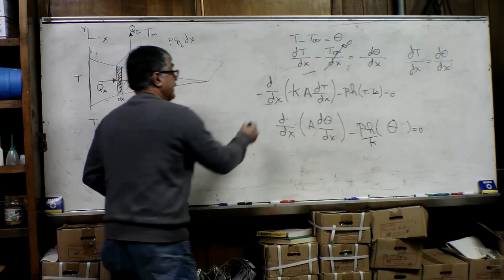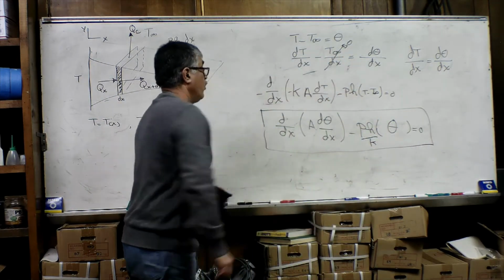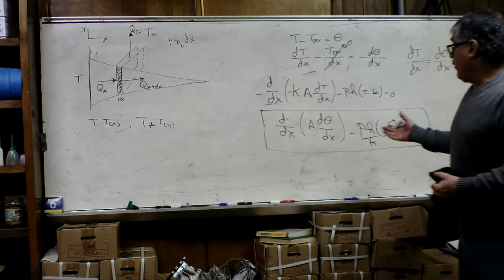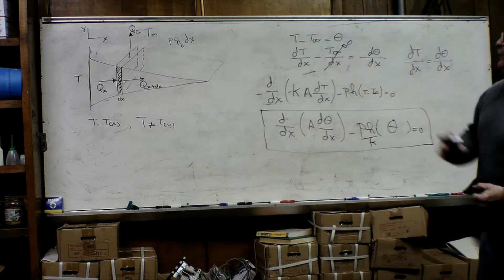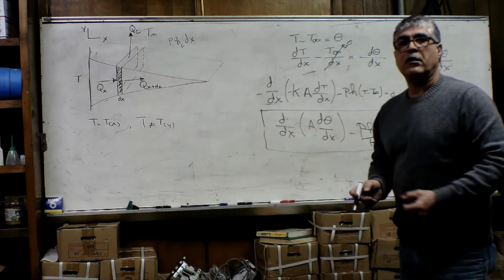So this is the general formula that we can use to design our extended surfaces, our fin, in order to reduce the heat from our part.